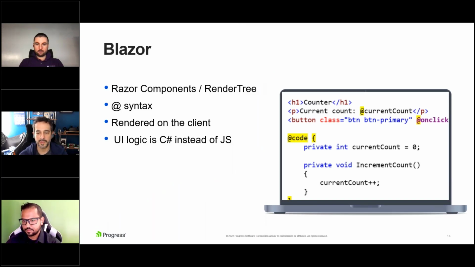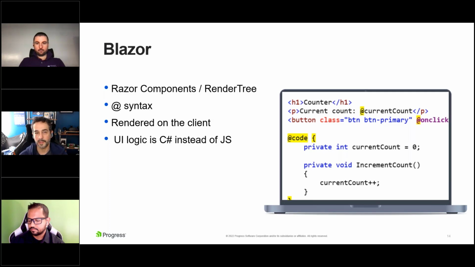So let's talk about the UI component model for Blazor. Now, Blazor uses Razor components, which look a lot like traditional Razor views and pages, but it uses something called a render tree. Now, this is a real fundamental change. The other two platforms that I talked about, MVC and Razor Pages, at the end of the day, an oversimplification here, their component model creates strings, which are HTML.